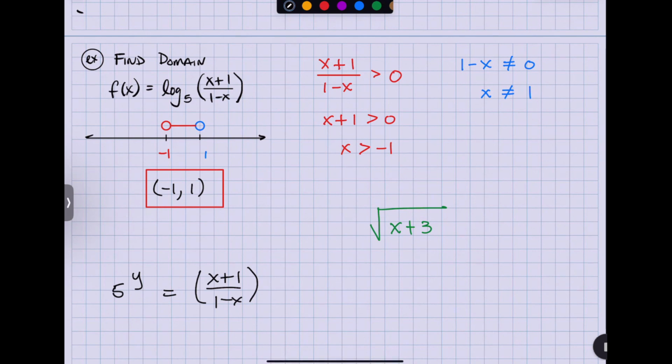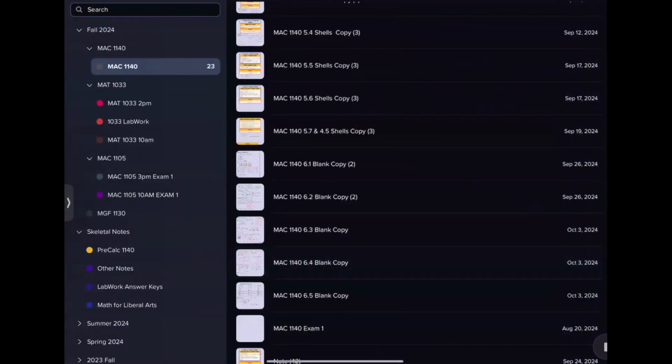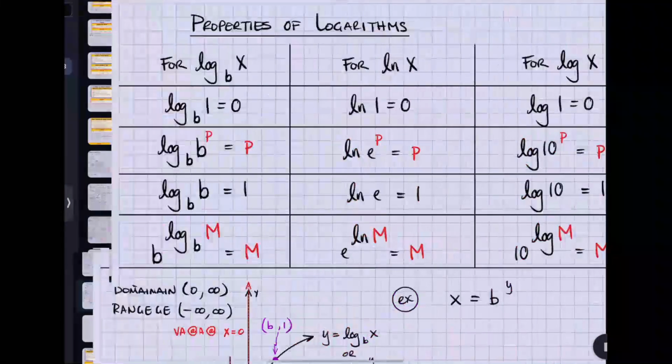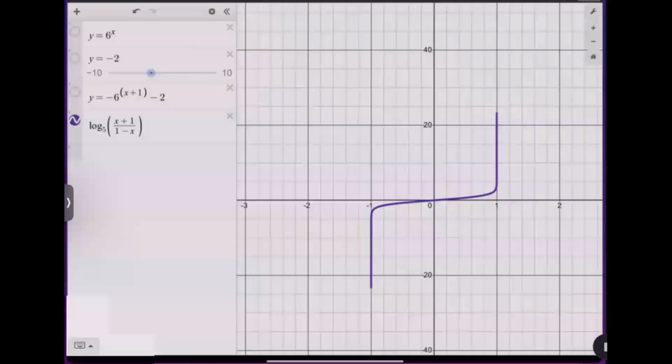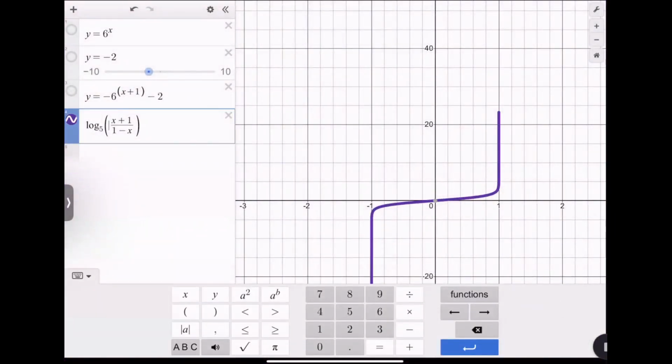I'm still trying to figure out what's wrong with that inequality.